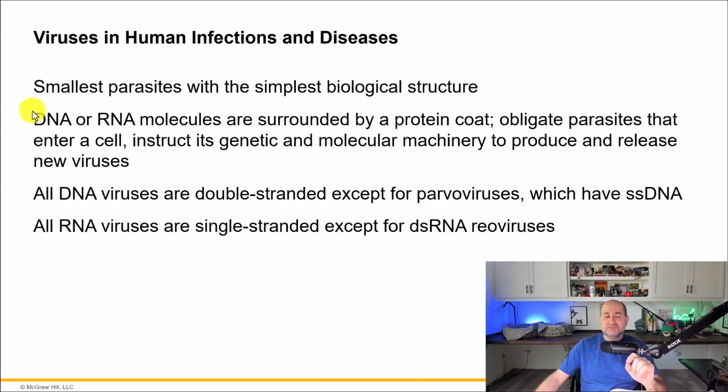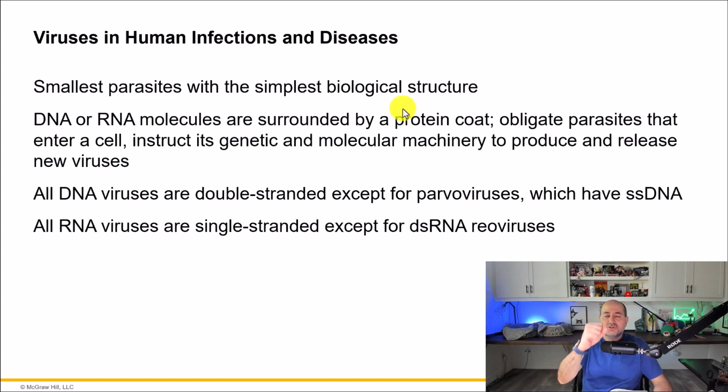Remember that viruses are the smallest parasites with the simplest biological structure. They are not alive. Remember, viruses consist of a nucleocapsid, which means some kind of nucleic acid genome, either a DNA genome or an RNA genome, surrounded by a protein coat called a capsid.